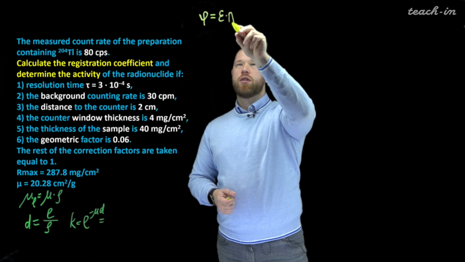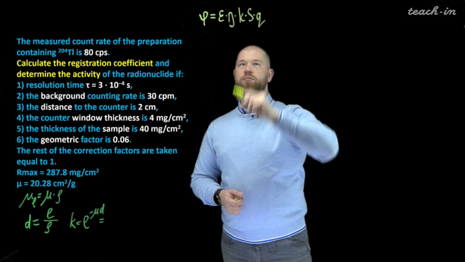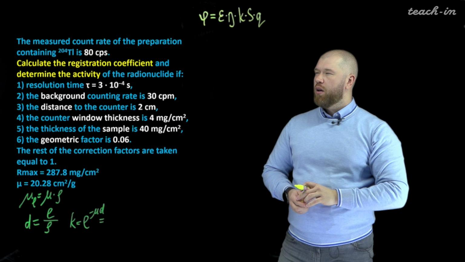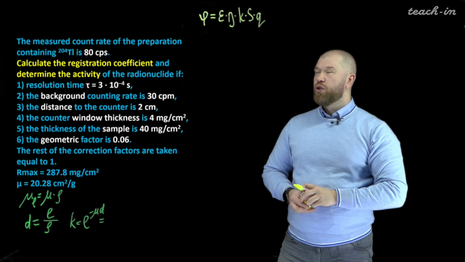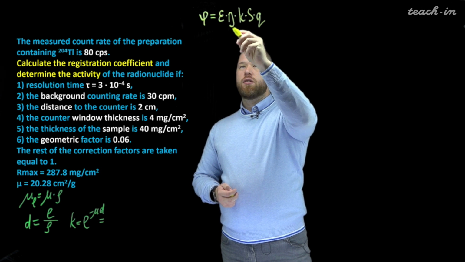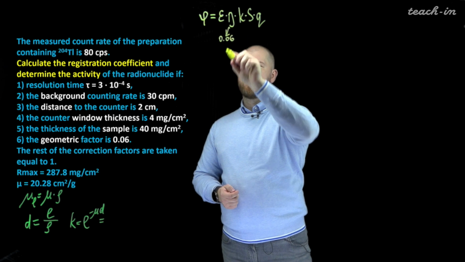So it is K = ... What we know, there is a geometric factor that is given to us already, so it is 0.06.